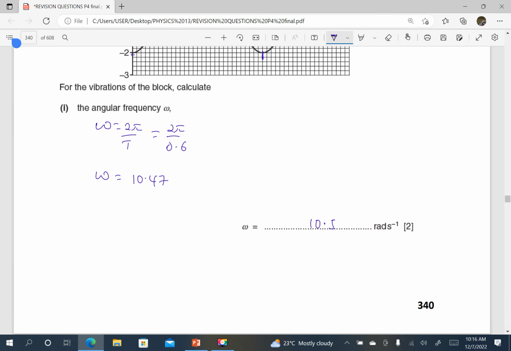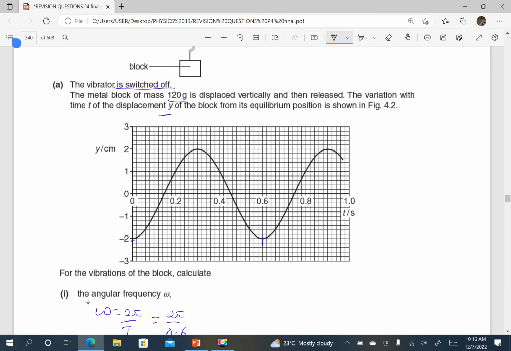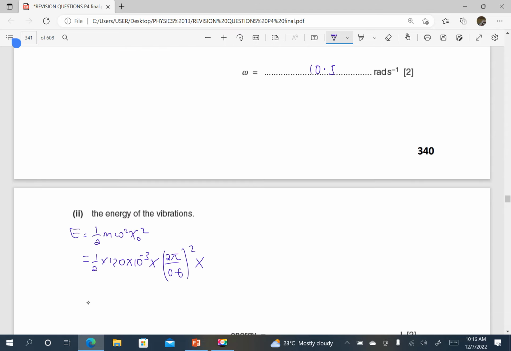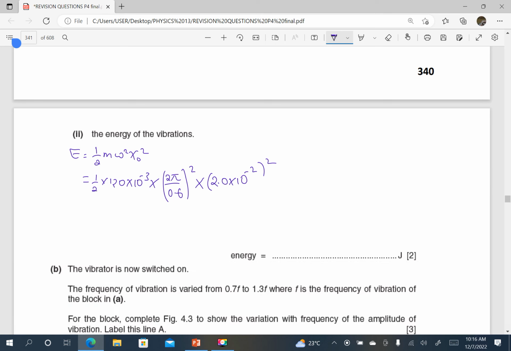The amplitude of vibration, I think, is 2 centimeters. So this will be times 2.0 times 10 power negative 2, also squared. I press my calculator.